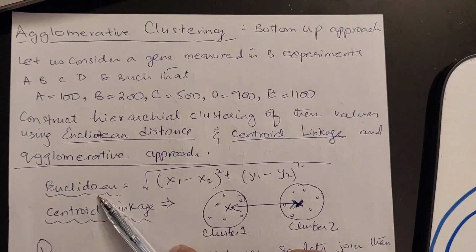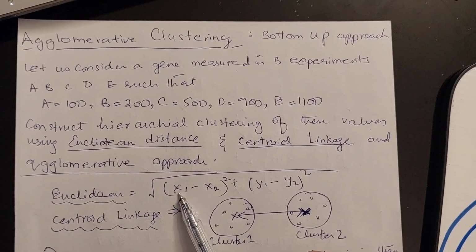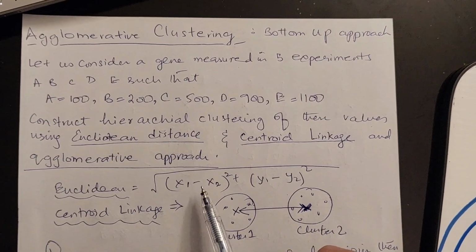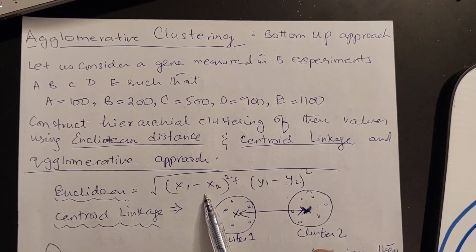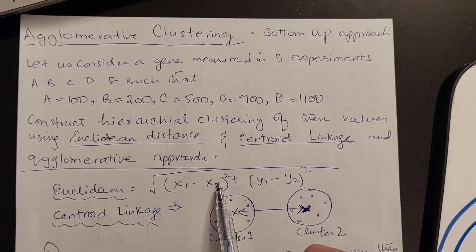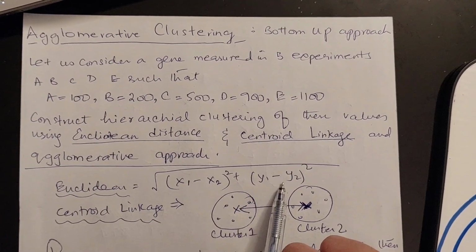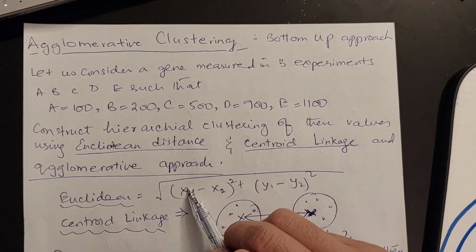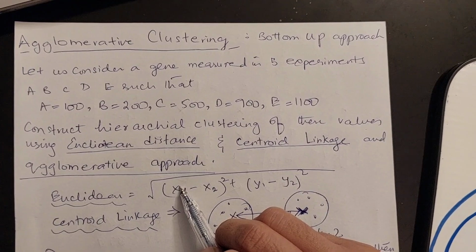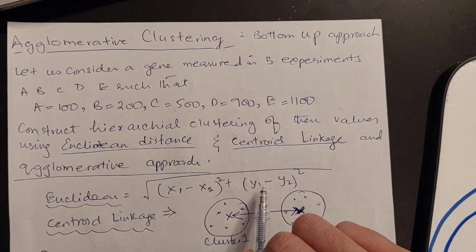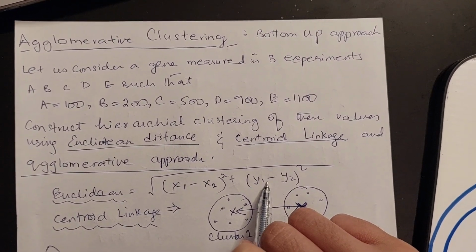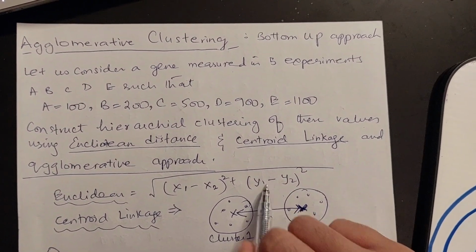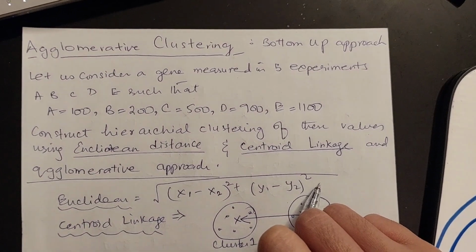The formula of Euclidean distance is that you subtract the first term from the second term between which you want to find out the distance, and you take the square and then you add the difference of their y coordinates and you take the square root. For example, if you had any term which is defined in two variables, then you will add these two components. If there is some parameter or function that is defined in three variables, then there will appear a third term as well.